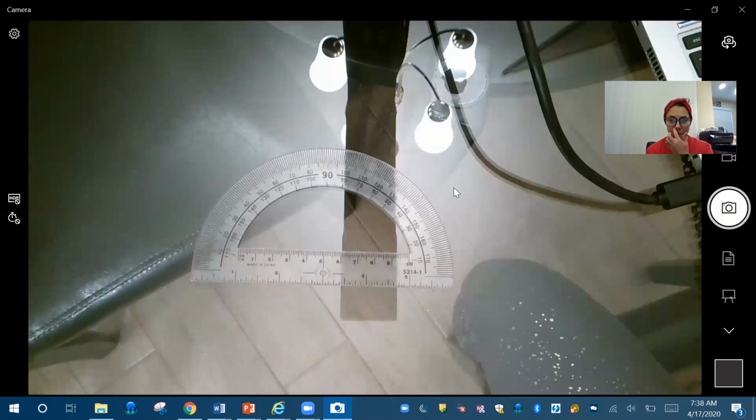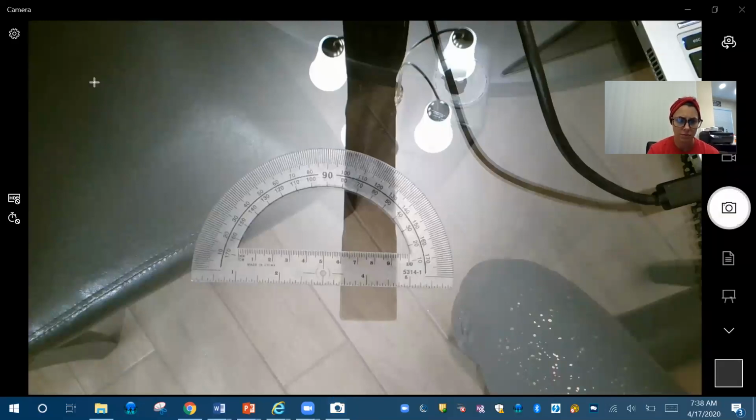But before I do, I want us to have a quick refresher about those benchmark angles Ms. Birch talked about yesterday. Remember, we have the 45-degree angle, which is an acute angle. It looks something like this.